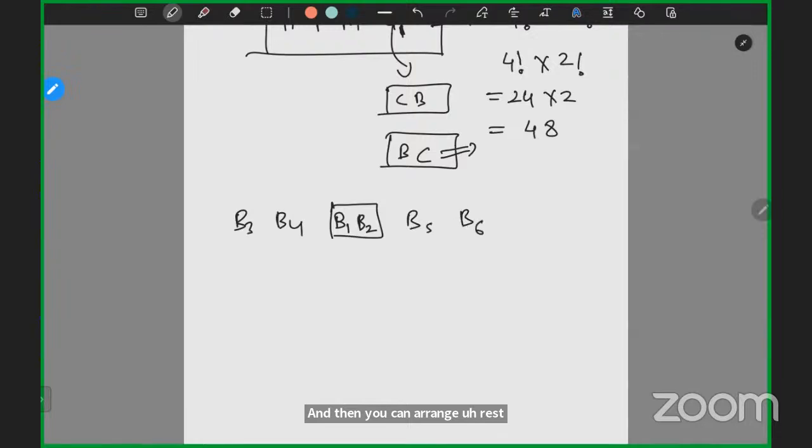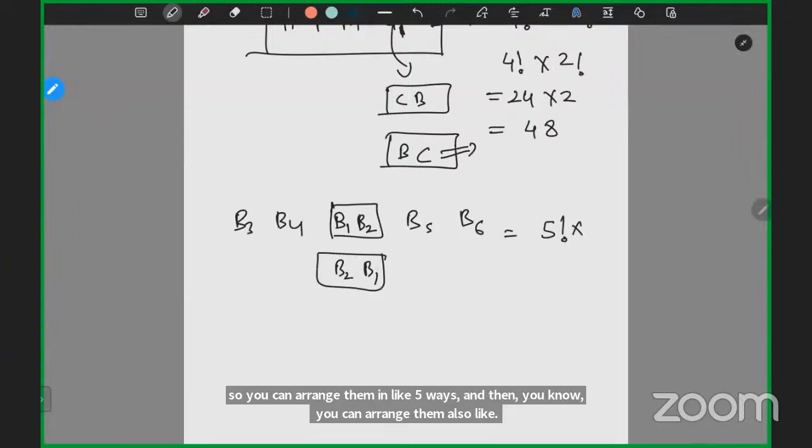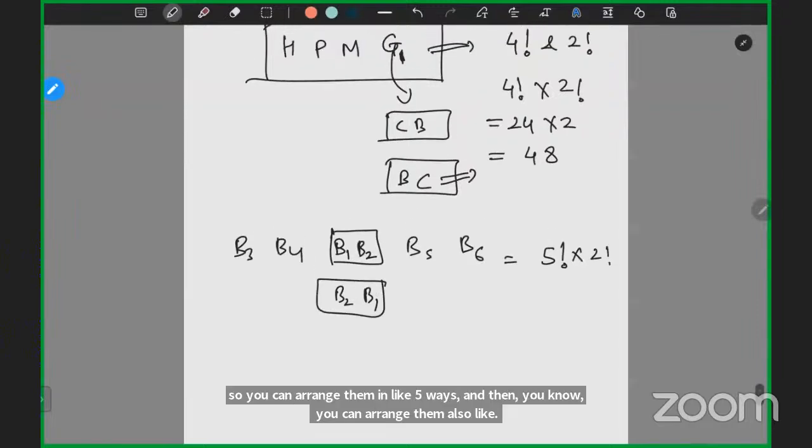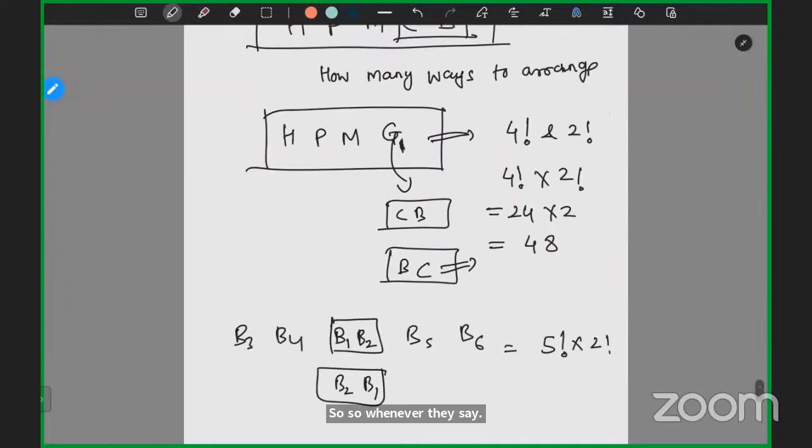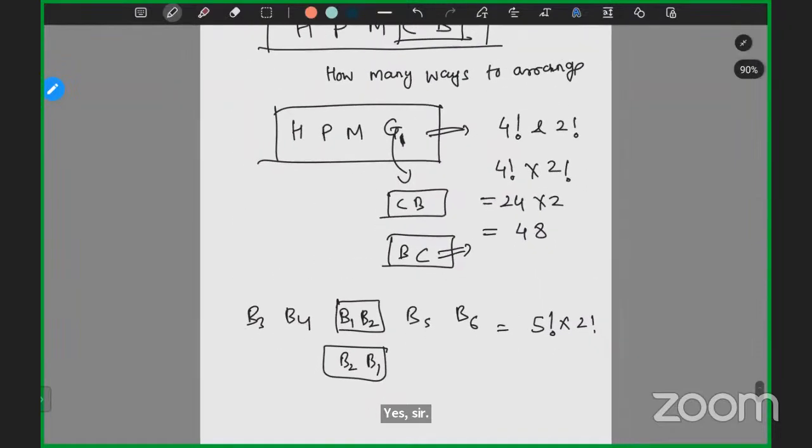So you have 6 boys, but you want to arrange them, and these two should be together. So you can arrange them in 5 factorial ways, and then you can also arrange B2 and B1, so this arrangement is also possible. So you multiply by 2 factorial. Whenever they say club or something, you can do it. So that is permutation.